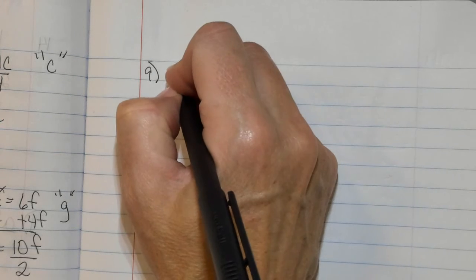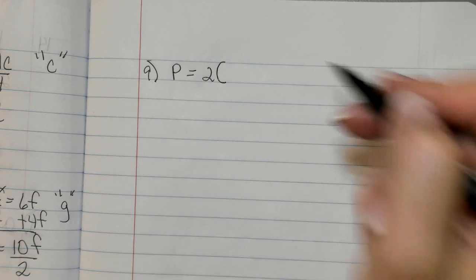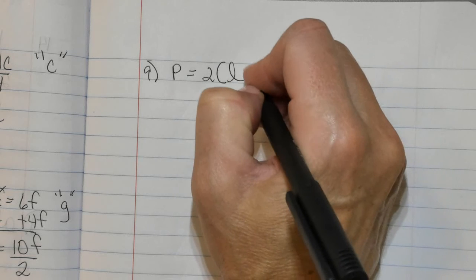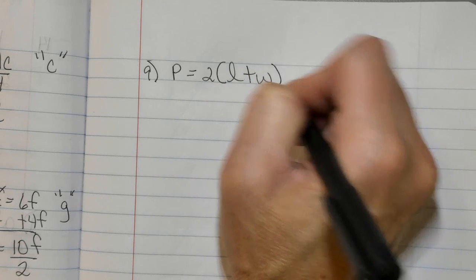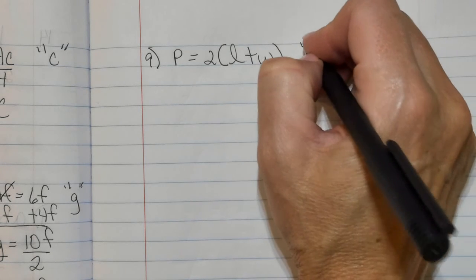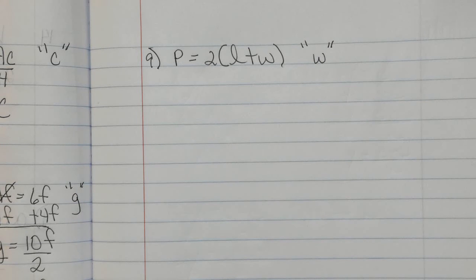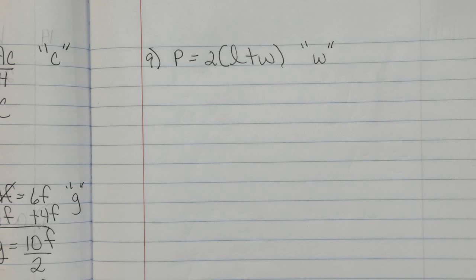Let's do P equals 2 times the quantity of L plus W, and we're solving for W. There's two different ways we can do it. Do you want to try it, or do you want me to just do it? Why don't you try it?